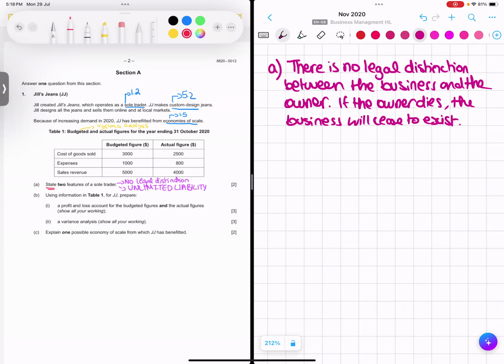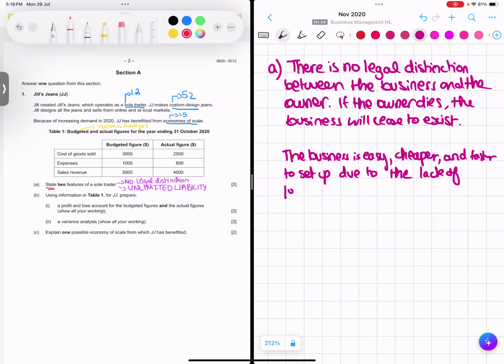Okay. And then the second one would be that the business is easier, cheaper, and faster to set up due to the lack of legal formalities when setting up the business.